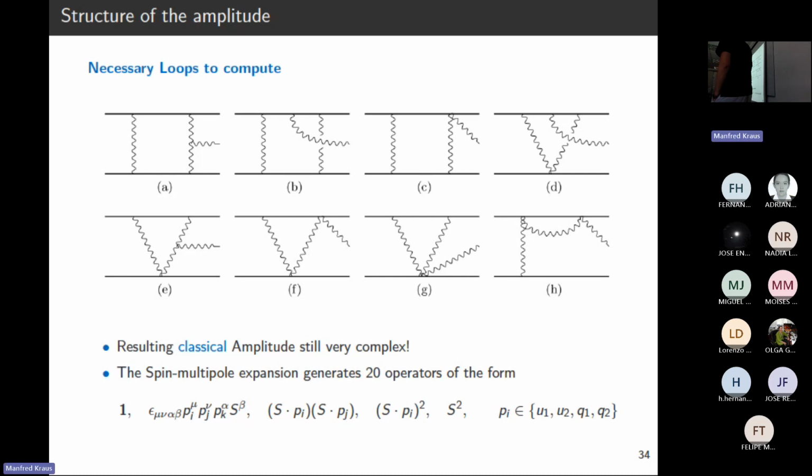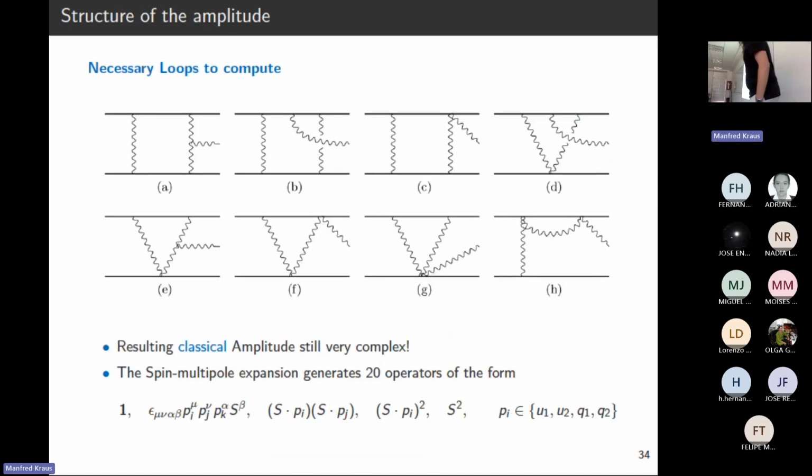Now you have epsilon tensors with spin, momenta, and spin squared operators and so on. So in the end, you find up to 20 independent spin multipoles in this amplitude. So far, we've only focused on the linear terms because they were already horrendous to compute. We're currently looking into the spin squared terms, but I think we have to be a bit smarter.